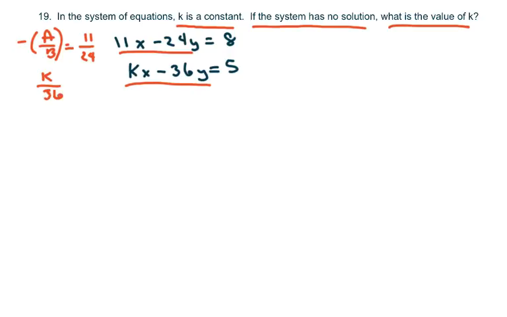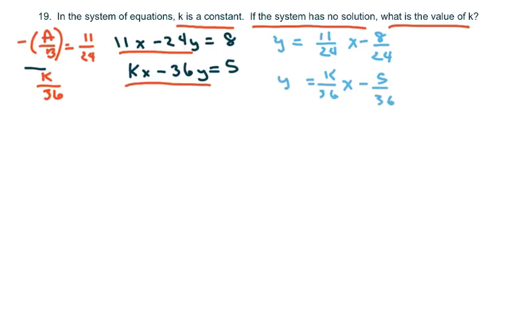That's doing it this way. If not, you have to rewrite them. When you rewrite it, you get y equals 11 over 24x minus 8 over 24. And this one is y equals k over 36x minus 5 over 36.